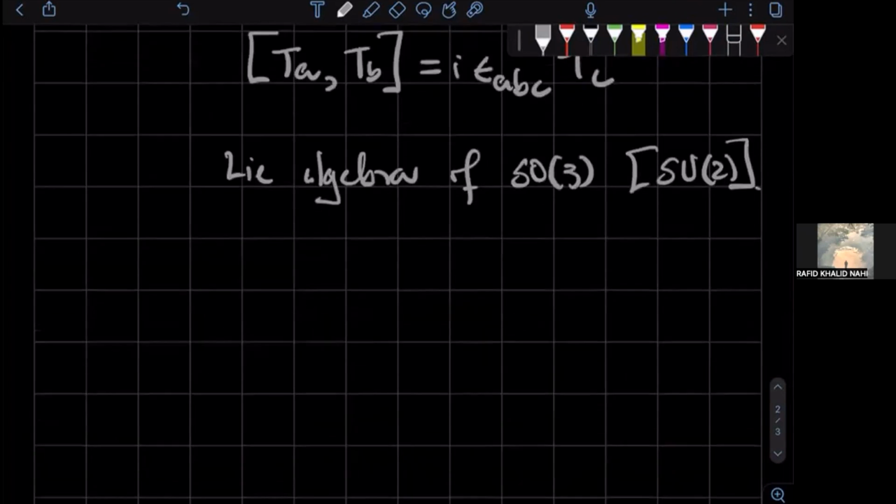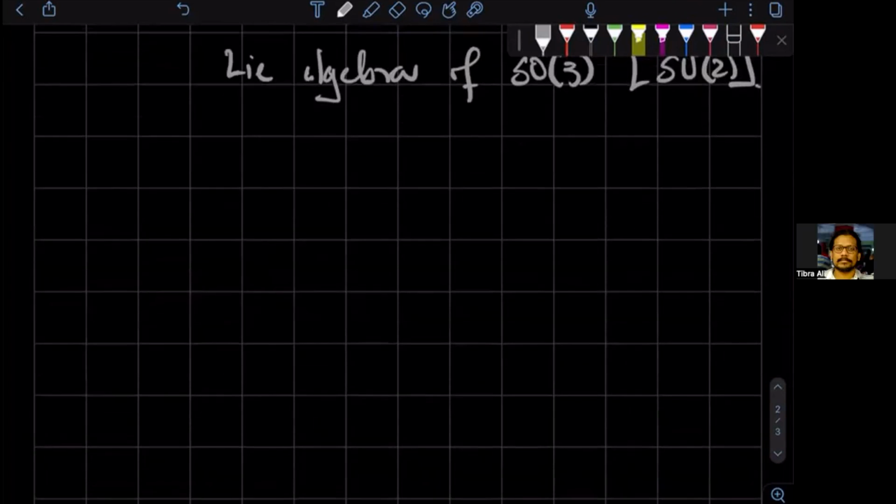I've been thinking about it, and the way I would show it is the following. If I am given some three-dimensional position vector R, I can define X to be R_i sigma_i, right?